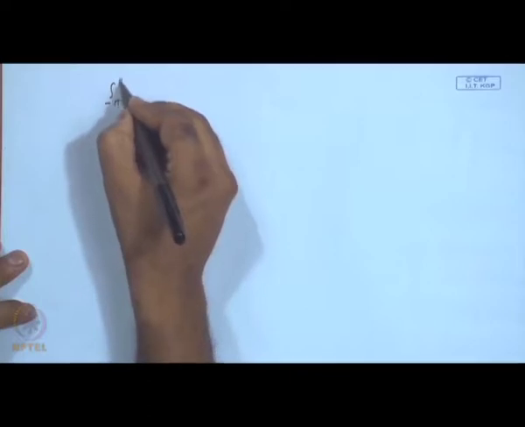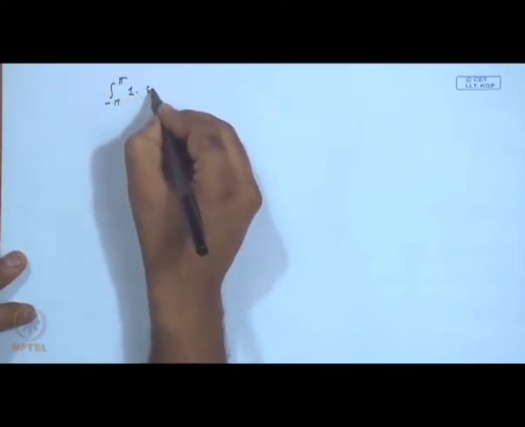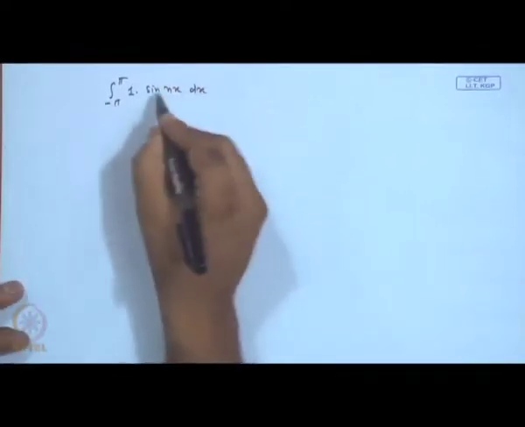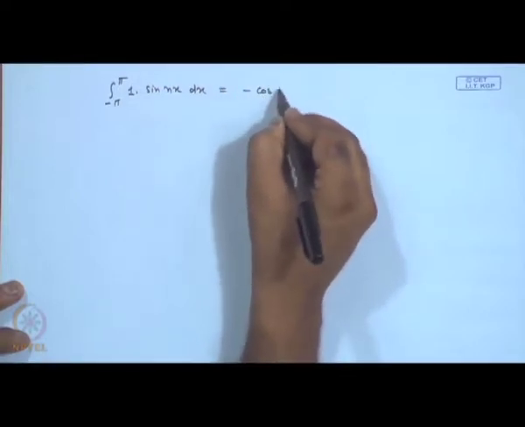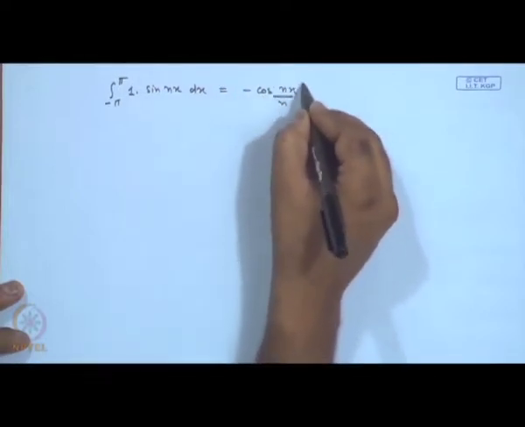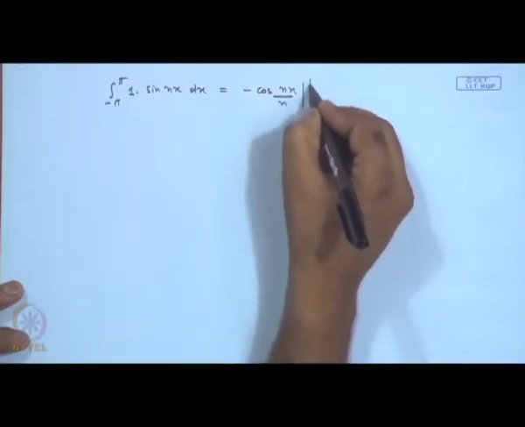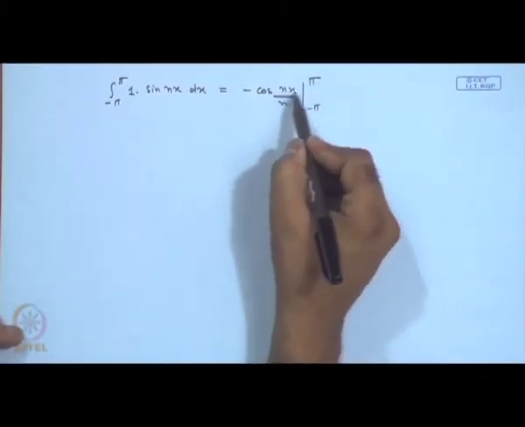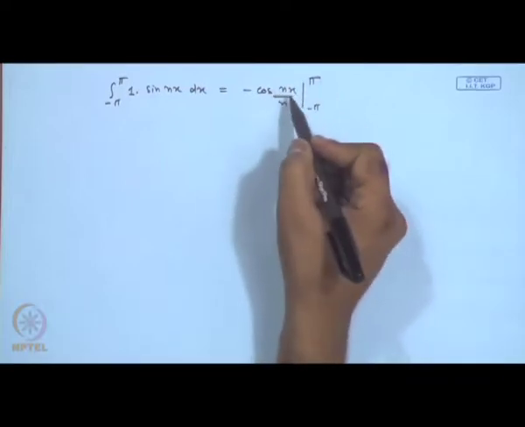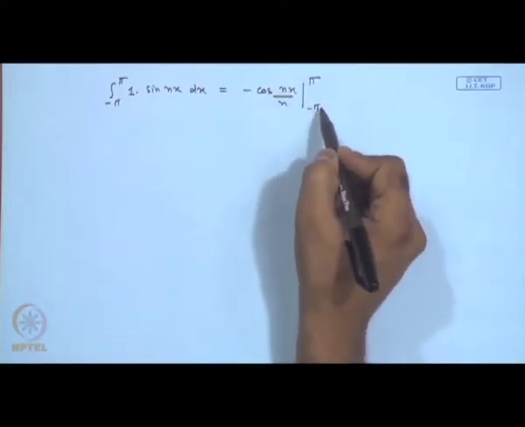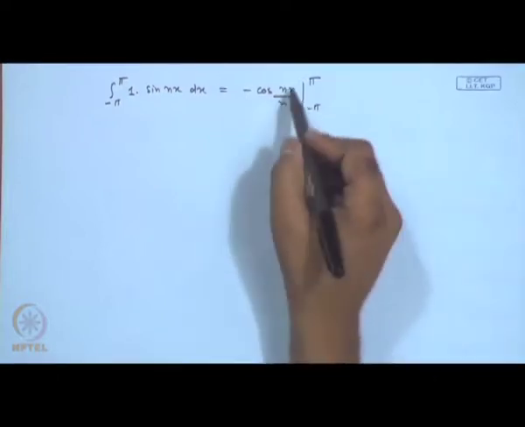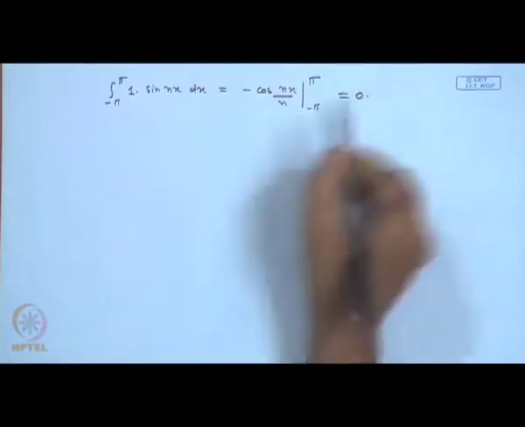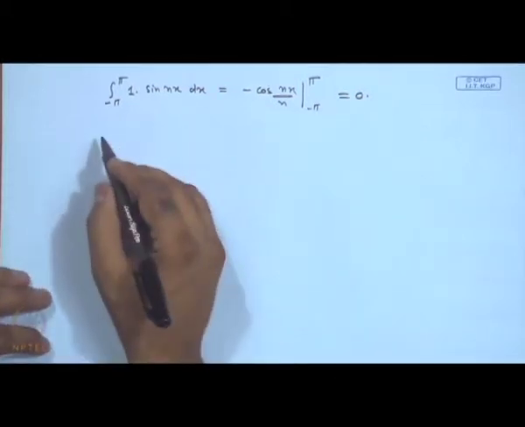Similarly, if we take the multiplication of 1 and sin nx for any n not equal to 0, because for 0 it is going to be 0, we have minus cos nx over n from minus pi to pi, and this cos n pi will be minus 1 to the power n, and again cos of minus n pi will be the same, minus 1 to the power n. So, here this will also give us 0.